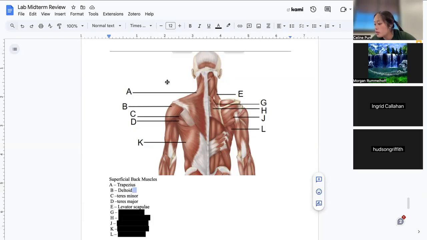These two pairs are also a major and a minor. So the other one, this is rhomboid. Minor is the smaller one, and major is the big one.